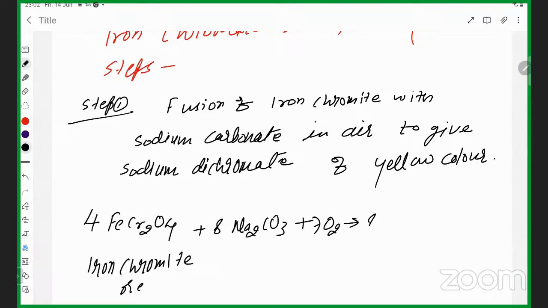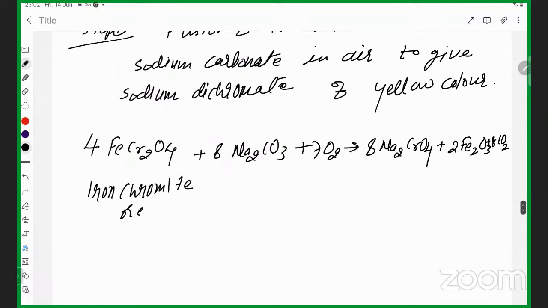So what it is going to give? 8 molecules of Na2CrO4 plus 2 molecules of Fe2O3 plus 8 molecules of CO2. This is step number 1. So firstly, we are converting into sodium chromate. Why is it called sodium chromate? Because only one chromium is there. Now we are going to step number 2.